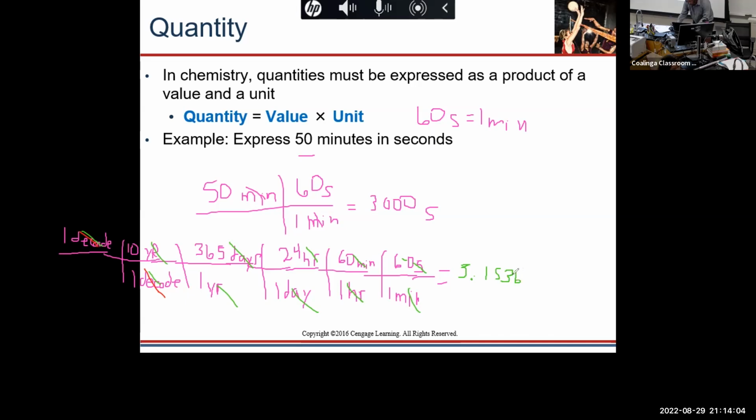The 3? No, the first one. This one here, it's 5.